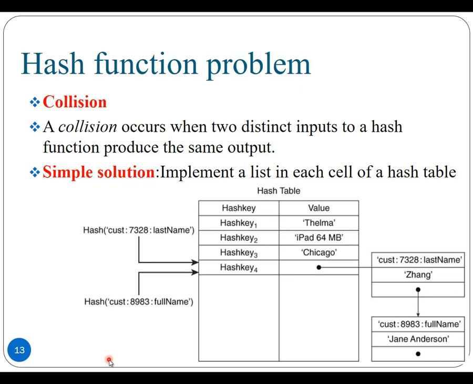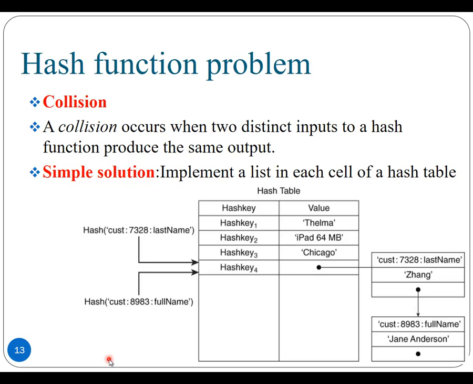For example, in the subject we are talking about now, it's about the key value database. I said that we give the key to the hash function, and the hash function gives an address. That's the address where we're going to store the value.